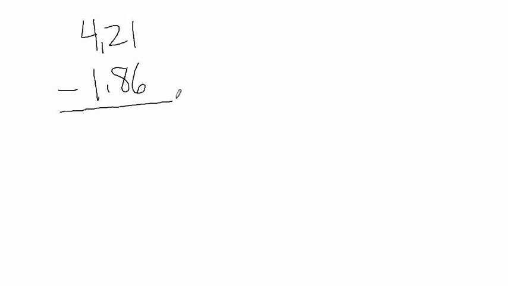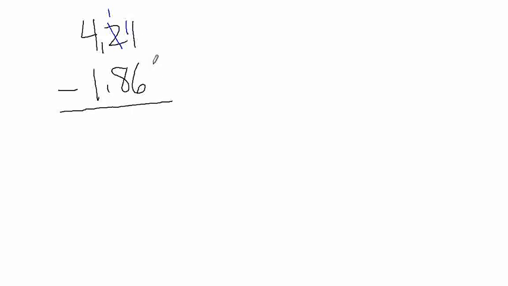And in this column-based method of subtraction, we don't want to get negative numbers. So here is what you can do. I will first use the method, and then I'll explain why it works. So I'm going to change the 2 in 4.21 to a 1, and change the 1 in 4.21, the rightmost one, to an 11.